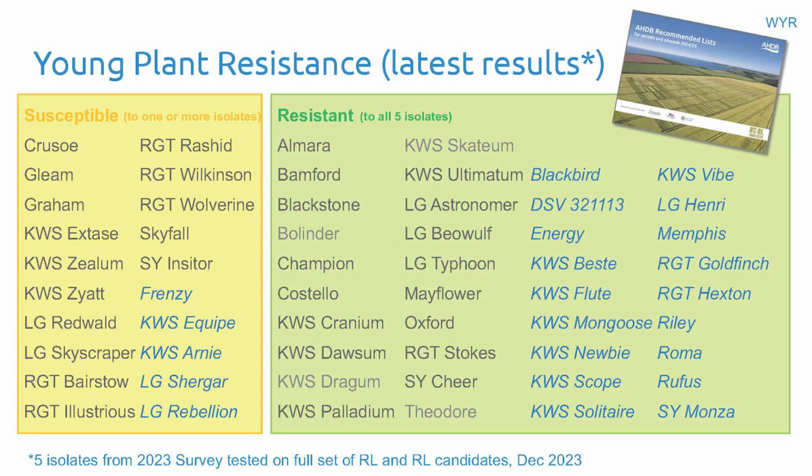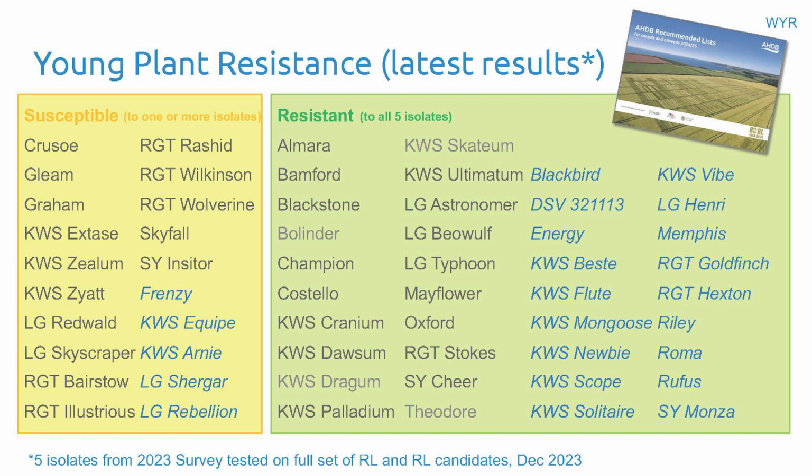So these are my most recent results. Anything that was susceptible to one or more of those 5 isolates is in my yellow box, and anything that was resistant to all 5 isolates is in my green box. So we've got the new candidates up there for 2024. And you can see, we've got some surprising ones in there.